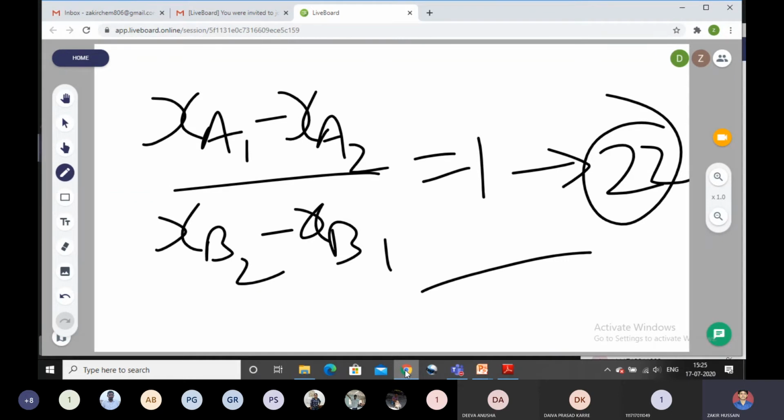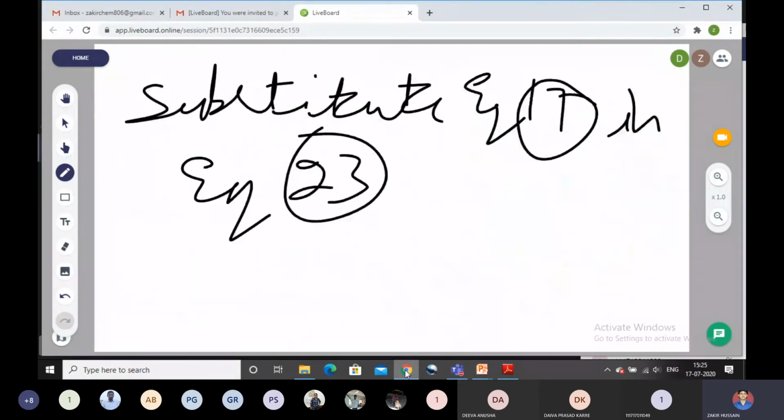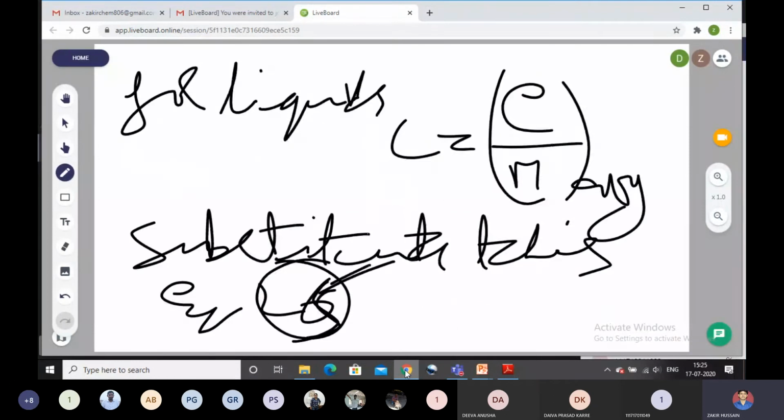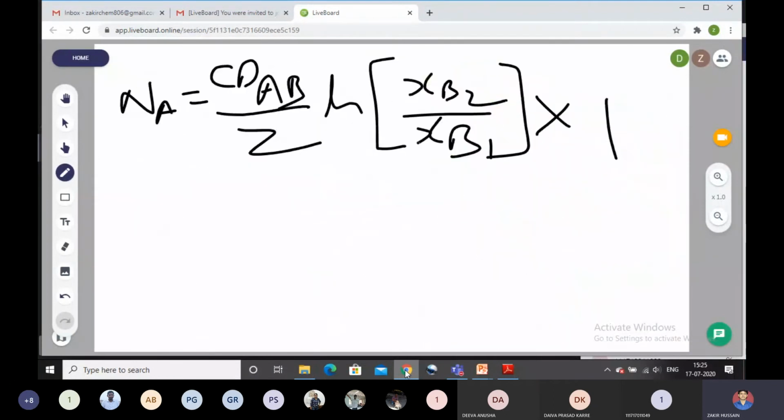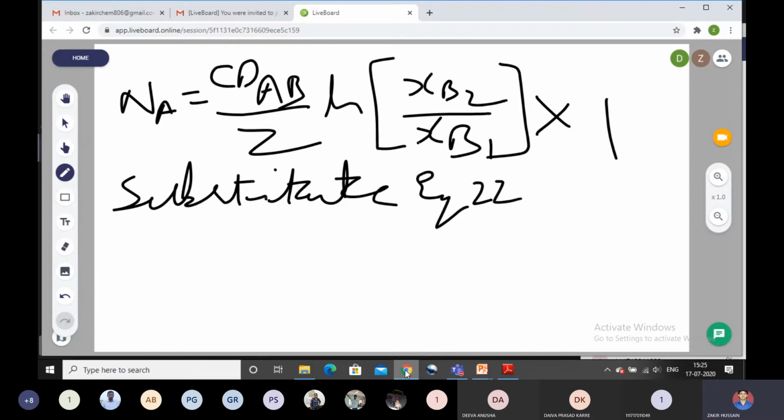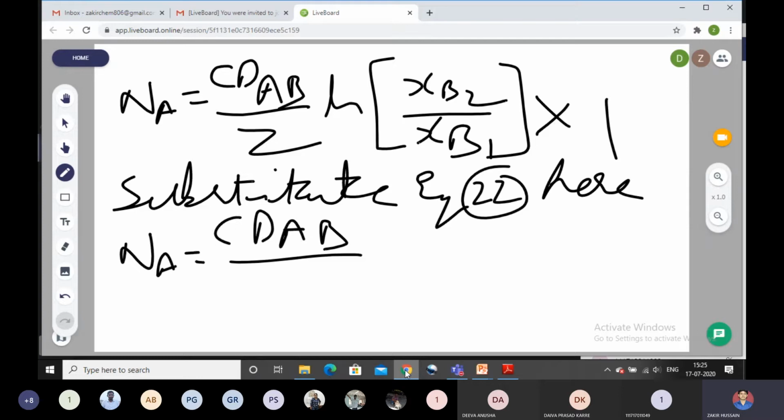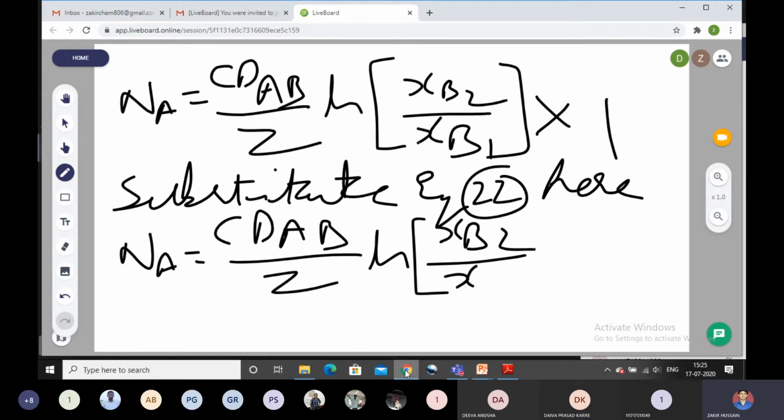Now we have to substitute equation 22 here. In place of 1 we can substitute that. So Na is equal to CDAB by Z ln XB2 by XB1.